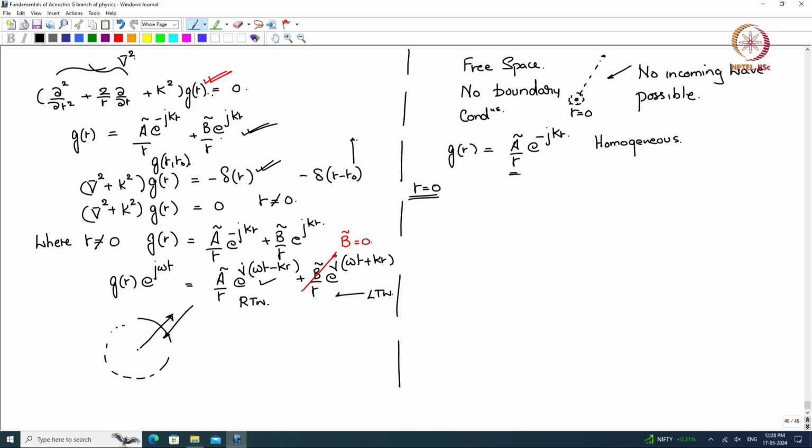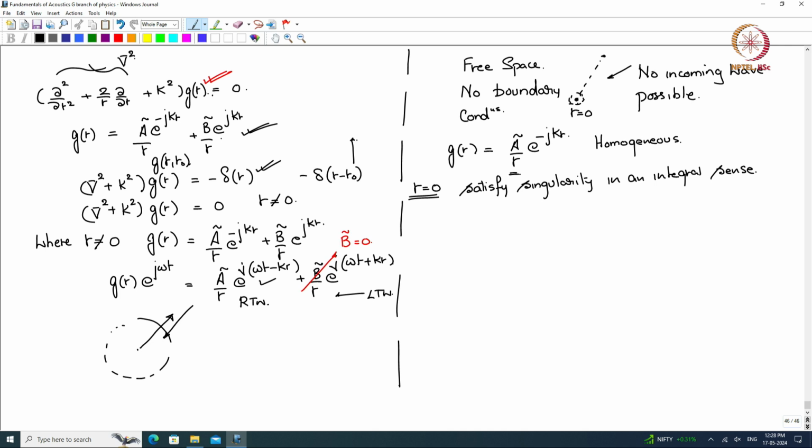Okay. So what we are going to do is that we will remove the singularity using an integral, in an integral sense. That means what?